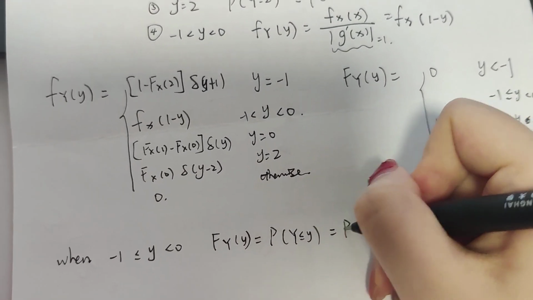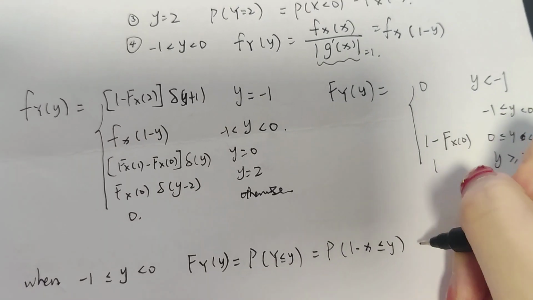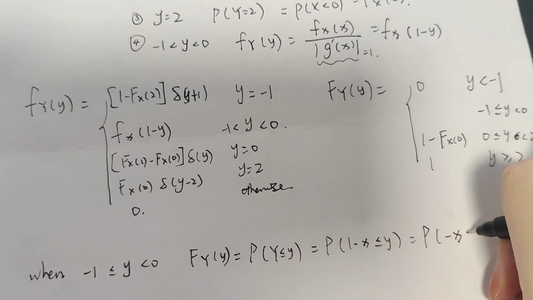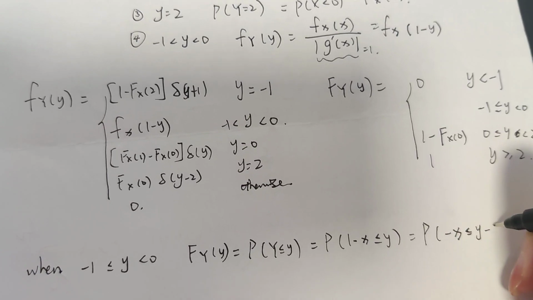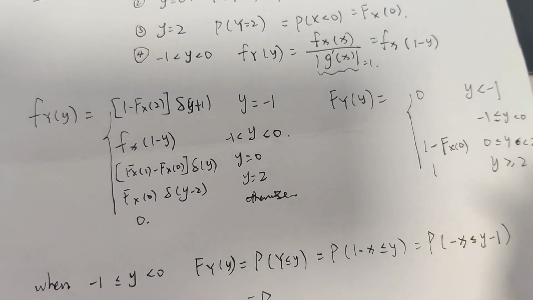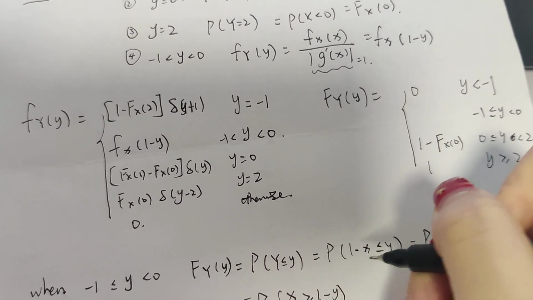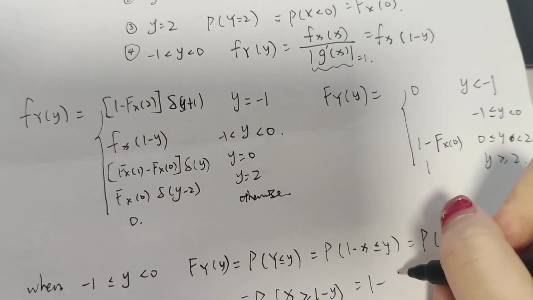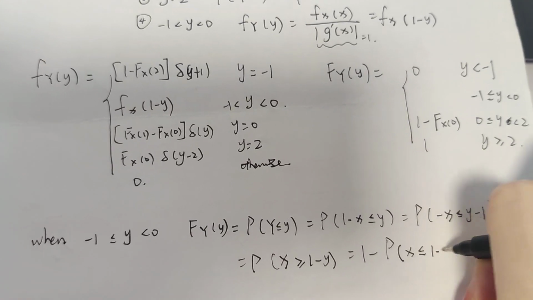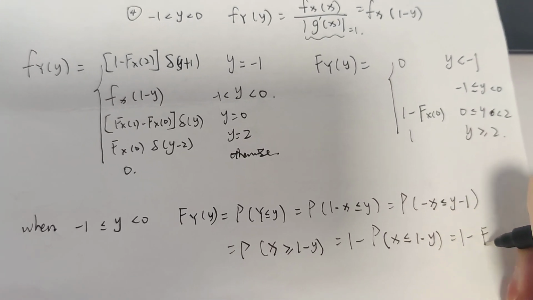The answer is the probability of minus x plus 1 less than y, which equals minus x less than y minus 1, so equals x bigger than 1 minus y, which equals 1 minus the probability of x less than 1 minus y.